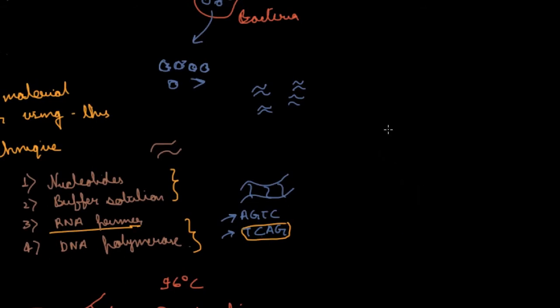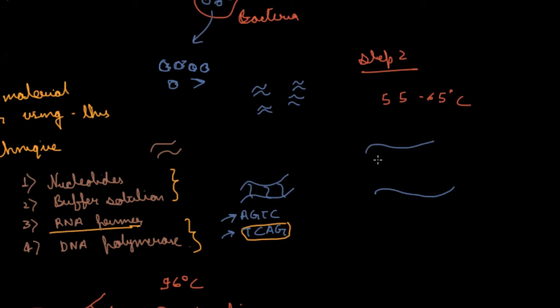The answer to this question is in step 2 and step 3. In step 2, we lower the temperature to 55 or 65 degrees Celsius. Why are we lowering the temperature? In the first step, we converted the double-stranded DNA into single-stranded DNAs.